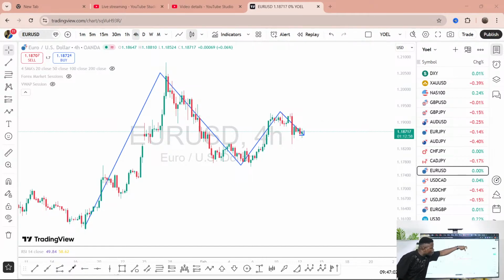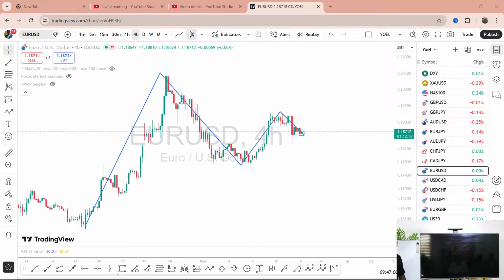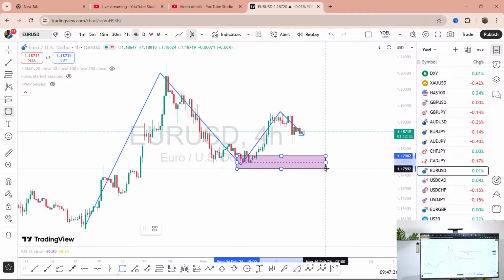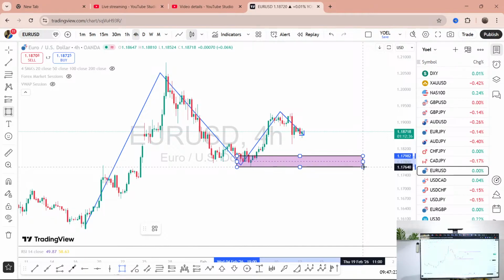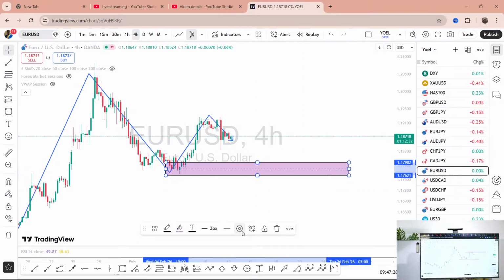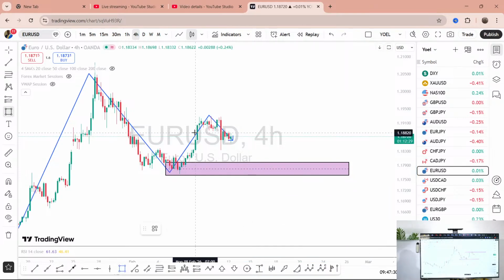Because this is also a rejection area. That area also is a rejection area. So on 4 hours, we have looked at areas where we can consider trading Euro USD for today.